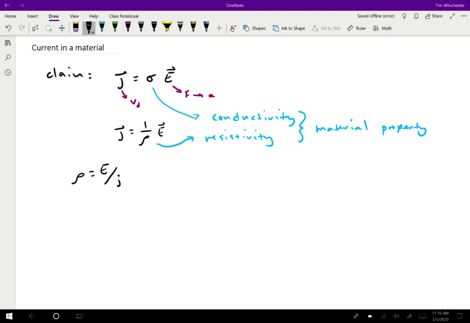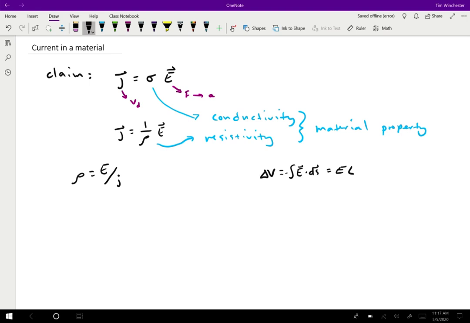Okay, well, I'm going to use a couple of relationships. So one of the things that we had was that the delta V between 2 points, the potential difference, is equal to the negative integral of E dot ds. But we're going to assume here that the electric field is constant. And if that's the case, then this is going to be equal to the electric field times the length of the object.